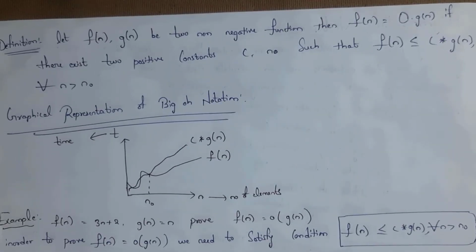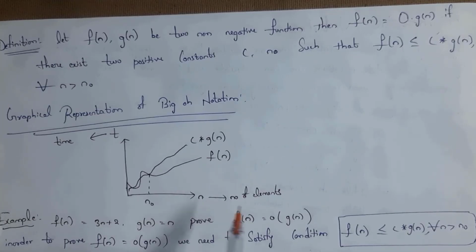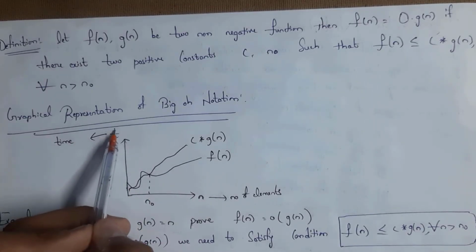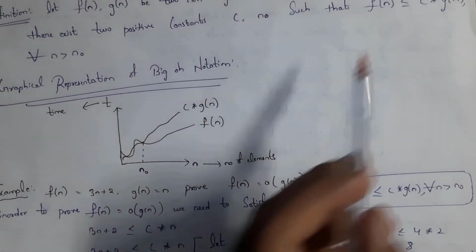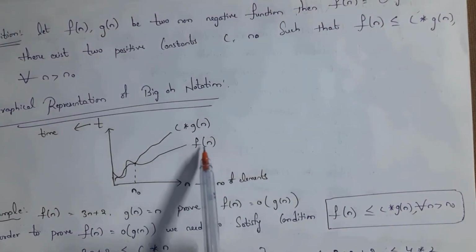This is the graphical representation of big O notation. This is a graph in which the x-axis represents the number of elements, denoted by the small n symbol, and the y-axis represents time, denoted by the small t symbol. From the center there are two lines passing. The first line is c into g of n, and the second line is f of n.